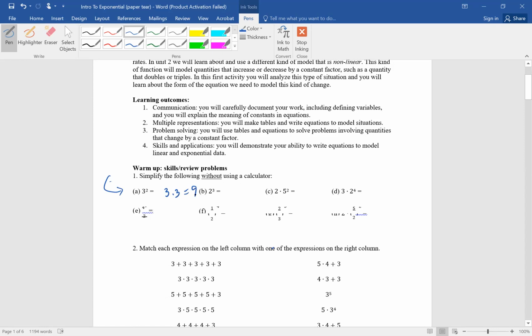But remember that when you have a base that's 3 and an exponent that's 2, all that exponent does is tell you how many times that base multiplies by itself. Likewise, for part B, 2 to the third power says that we need to multiply that base 2 times itself 3 times. So 2 times 2 times 2, I think that's 8.